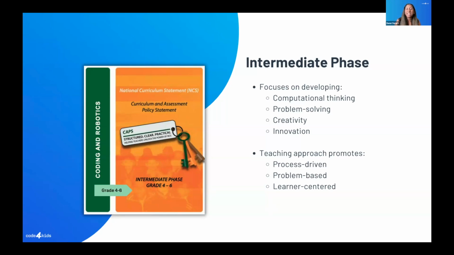Again, we see the key competencies that students should develop in coding, robotics, and digital concepts. The curriculum moves to include a process-driven, problem-based learning approach, encouraging active learner-centered education.